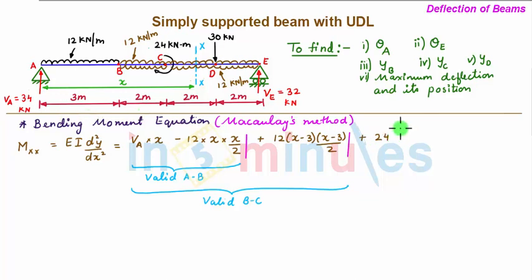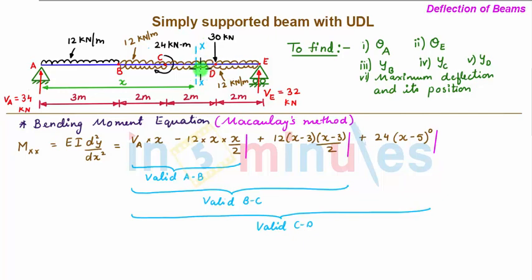Now this couple is at a distance of x minus 5 meter. So we have x minus 5 to the power 0. This 0 indicates that this term is actually 1. So 1 multiplied by 24 will give you your 24 kN meter moment. Now we see that this whole equation is now valid between point C and D. So let's put it under third partition, which is valid between point C and D.